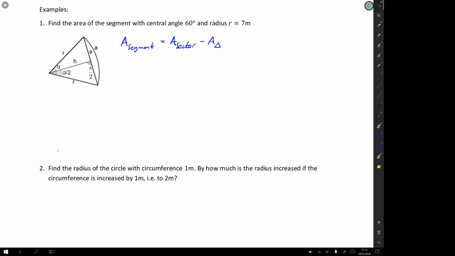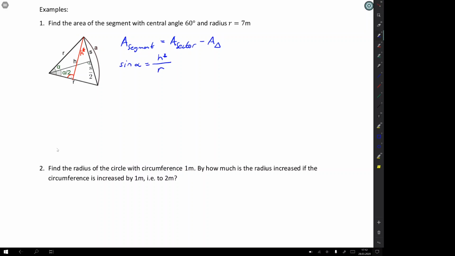But we want to do it in this case in a different way. Let us use instead this altitude h star, which is the altitude to this leg of the triangle, to this r, and let us now first look at this triangle here. Well, h star is the opposite of this angle alpha, r is the hypotenuse, and hence we get sine of alpha is h star divided by r.